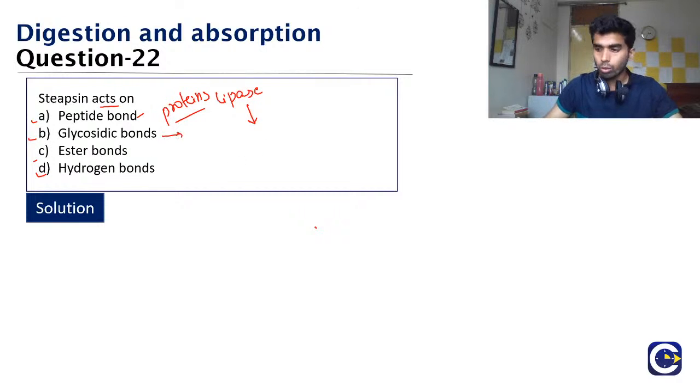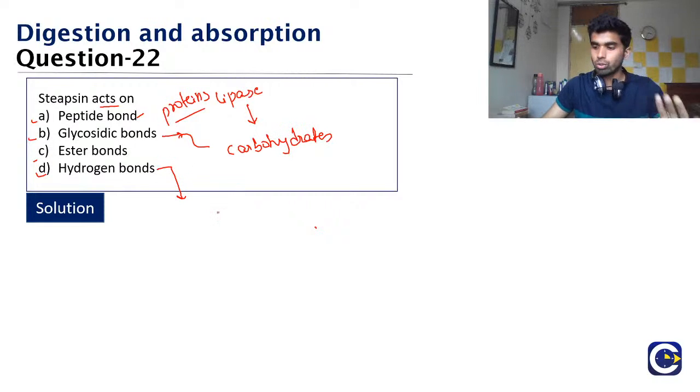The glycosidic bonds, you can see glycosidic resembles in name with the glucose, and that is why it is present in the carbohydrates. In the food, hydrogen bond is present but can be broken down very easily. No specific enzyme is required.